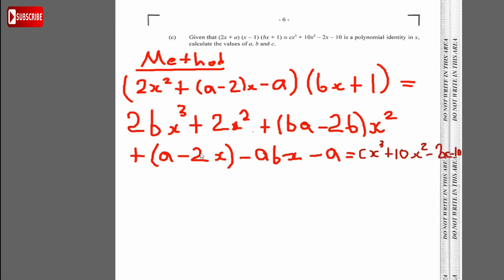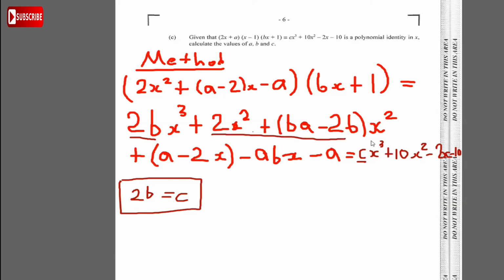Now what you do then is you equate your x cubed term. So you equate your 2b, and 2b is going to equal c. So equating x cubed terms, we're getting that 2b is equal to c. That's one equation. Then equating your x squared terms, we have this as an x squared term and this as an x squared term.